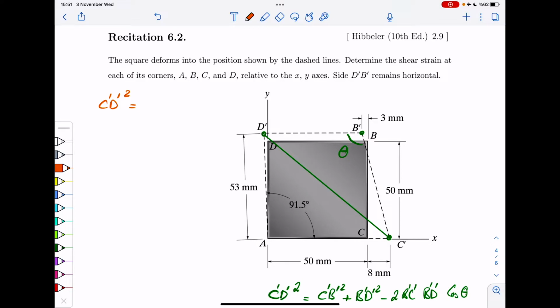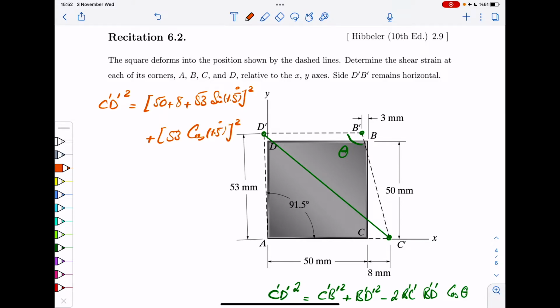So basically this would be 50 plus 8 plus 53 sine of 1.5 degrees, squared, that's the horizontal part, and the vertical part of this would be 53 cosine of 1.5 degrees, again squared.